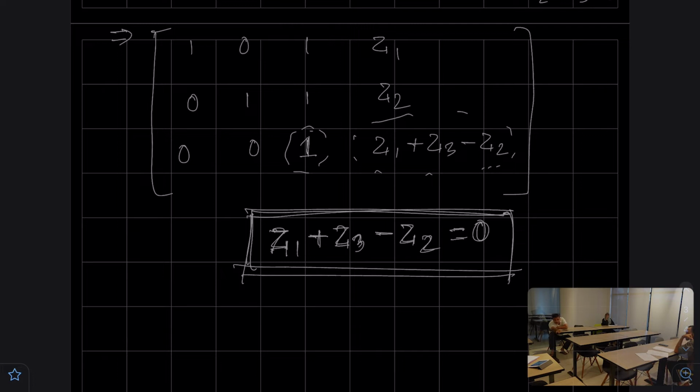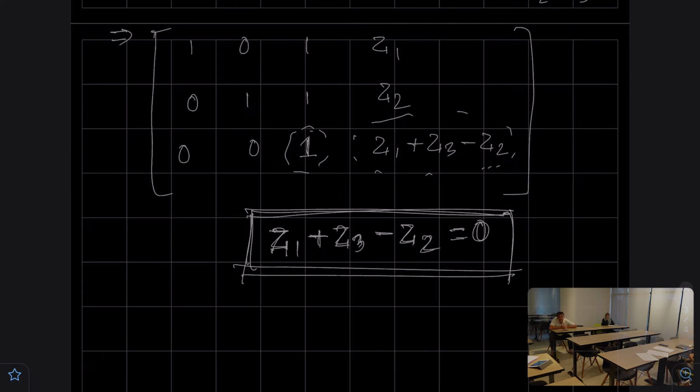But that is 0 equal to some non-zero complex number, which cannot be a fact. So it is an inconsistent system.